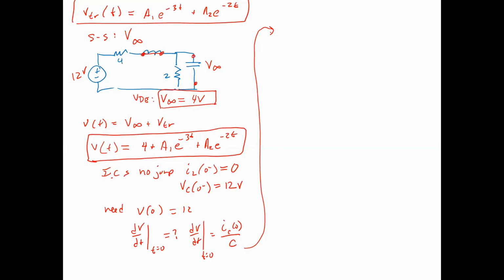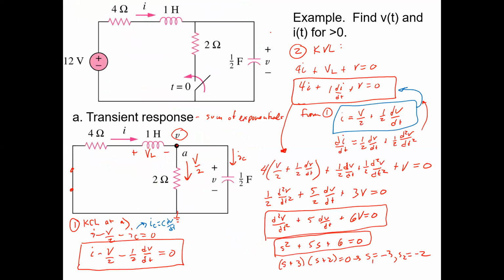On the previous slide, we were in the equation with IL, basically the KCL. Can I plug in 0? Can we find dV/dt at 0 for finding I of 0? Maybe.